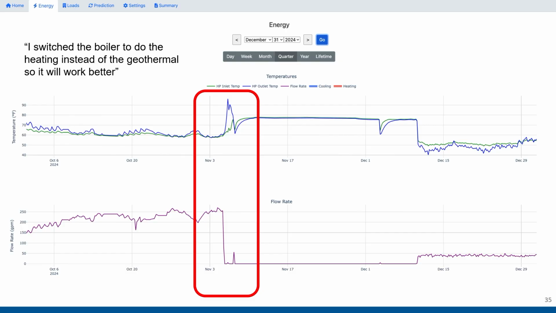And if their contract's up for the project, that's out of their pocket that they have to go back to site, or maybe they charge the customer and they don't have to do that. So what we think the reason why is because they just didn't want to get a phone call, right? They changed the system to run the boiler that they knew would work all winter. They probably didn't think that geothermal would work all winter, and so this was the solution.